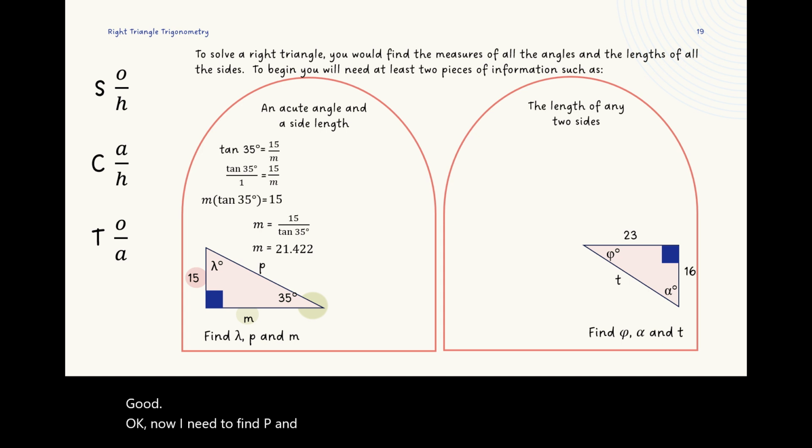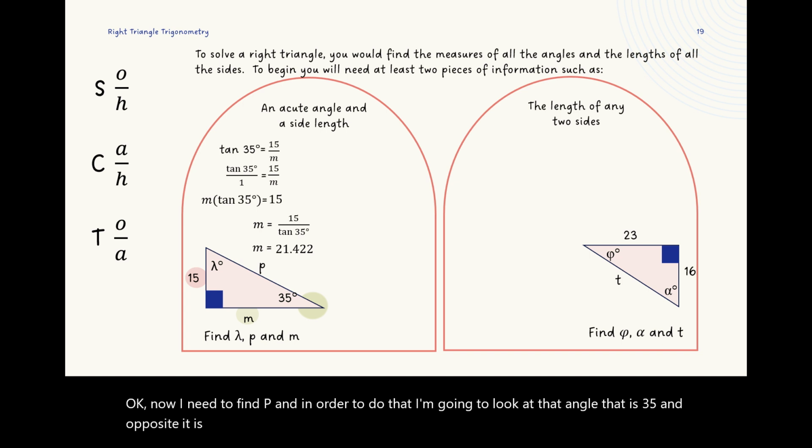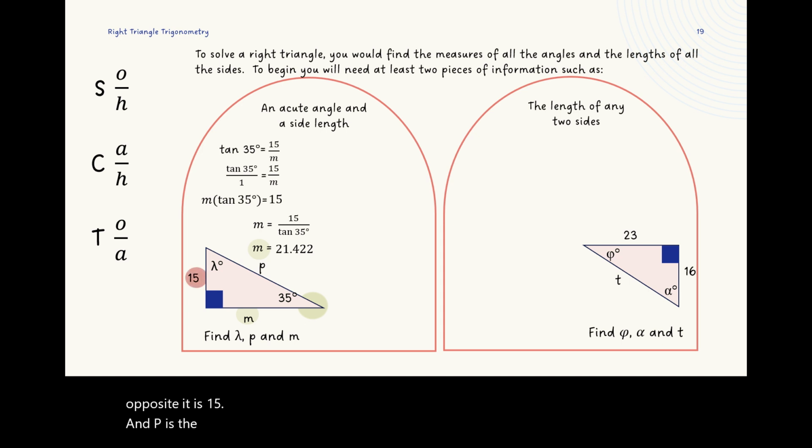Now, I need to find P. And in order to do that, I'm going to look at that angle that is 35, and opposite it is 15, and P is the hypotenuse. Right? It's blue. Yep. So opposite and hypotenuse are relationships attributed to the function sine.